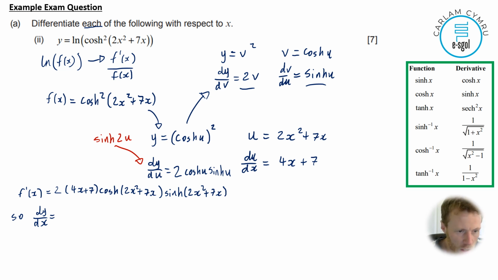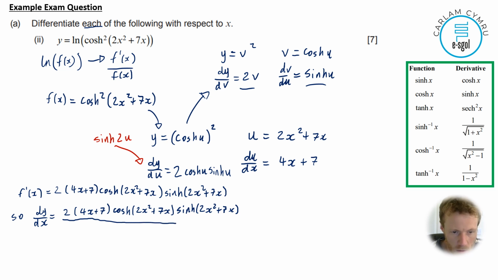I feel like I want to multiply this bracket out. I guess I don't have to actually. Let's leave it as it is. 2 bracket 4x plus 7 times cosh of 2x squared plus 7x times sinh of 2x squared plus 7x, all over, it's quite hard to get a straight line here.